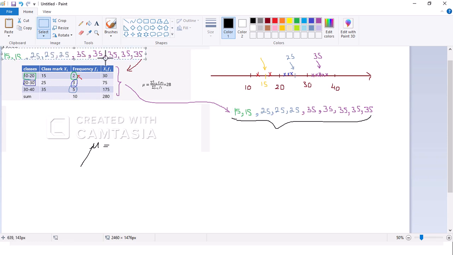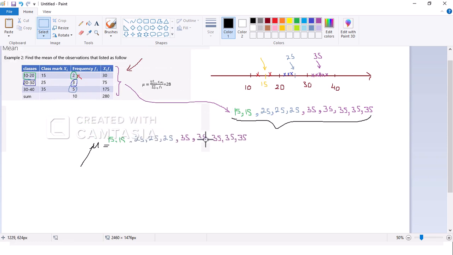So 15 plus 15 plus 25 plus 25 plus 25 and plus 35, 5 times, I add them together.